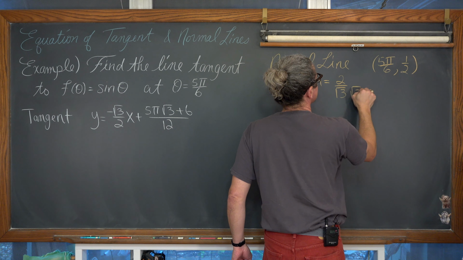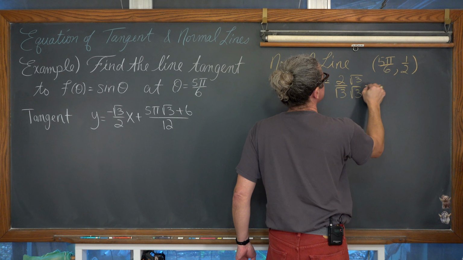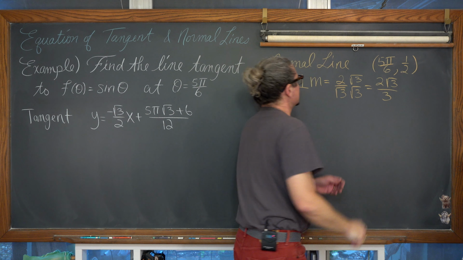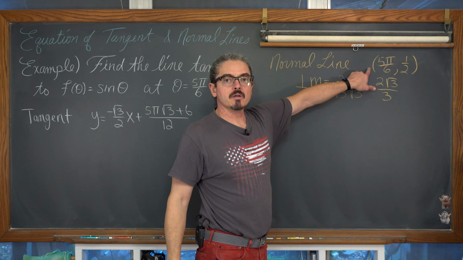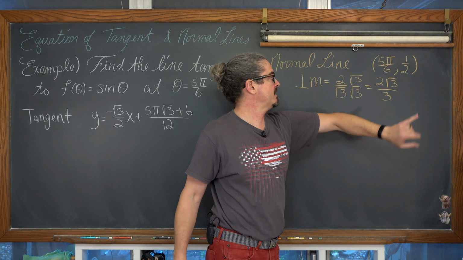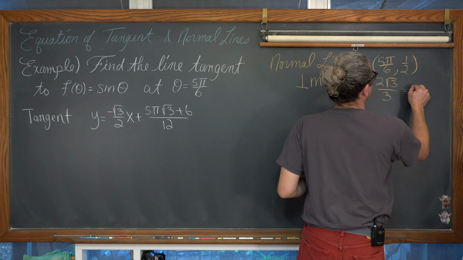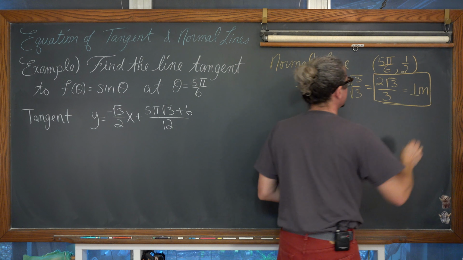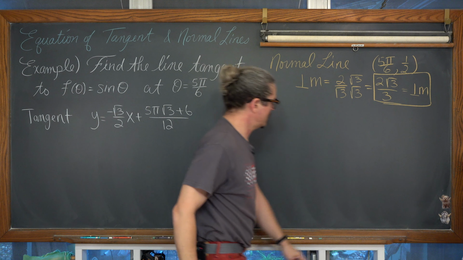Of course, you're going to rationalize that denominator, or at least I'm going to. So we have a point that we're going to use to find the equation of the normal line, which again is 5 pi over 6 and 1/2, and the perpendicular slope is, again, 2 square root of 3 over 3.